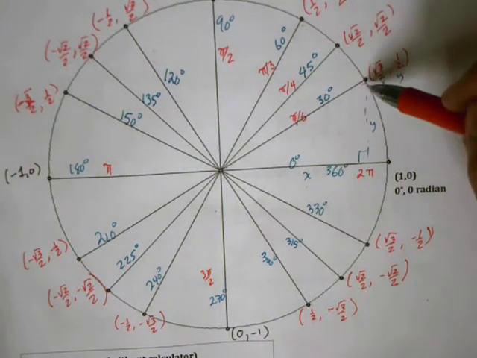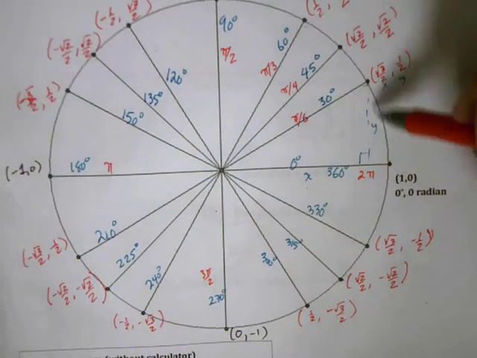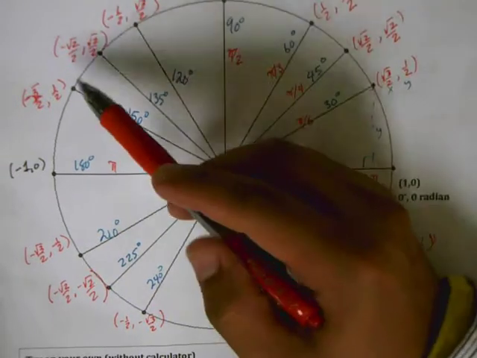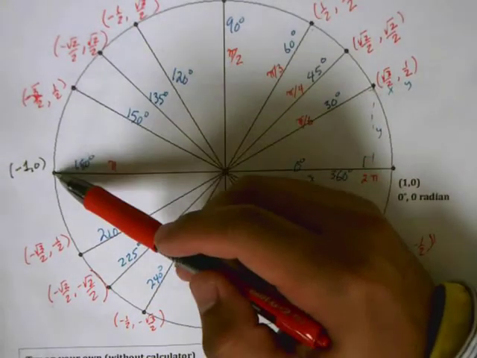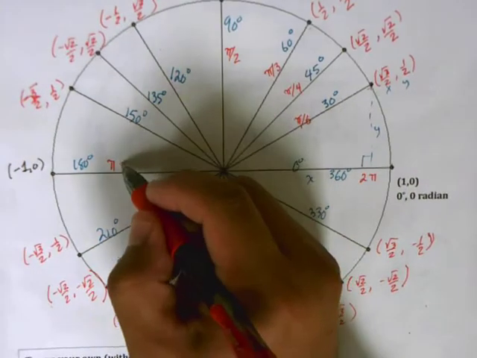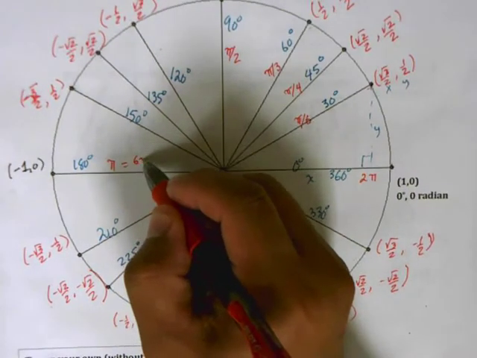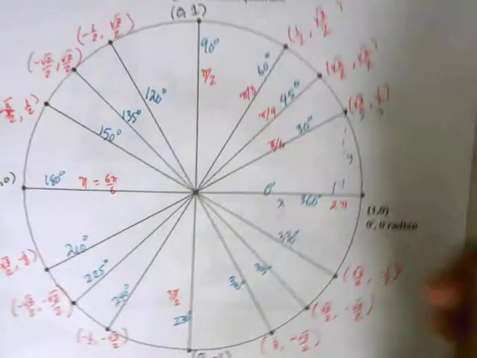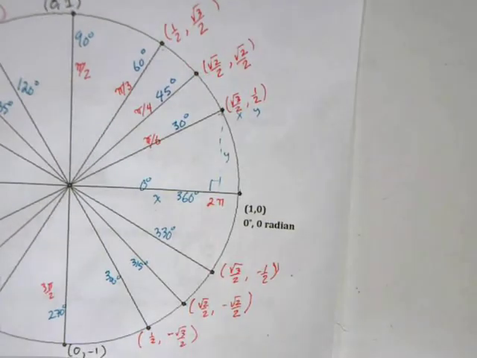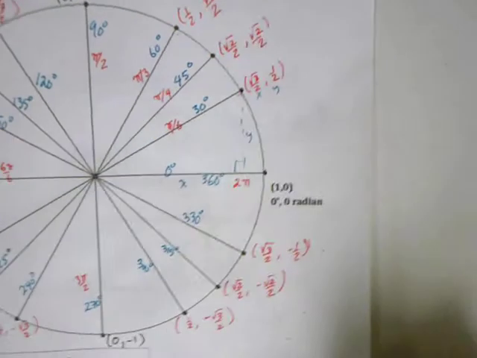Now, back to this. From this point here to this point here is pi over 6. So if I want to figure out this point here, I go to 180, or pi, and backtrack pi over 6. Pi is really 6 pi over 6, and I can backtrack a little bit.